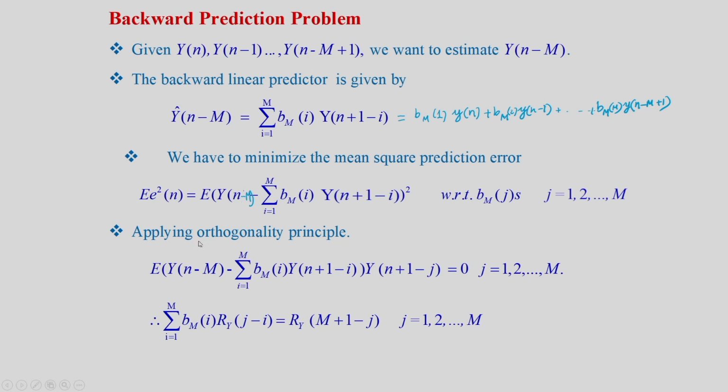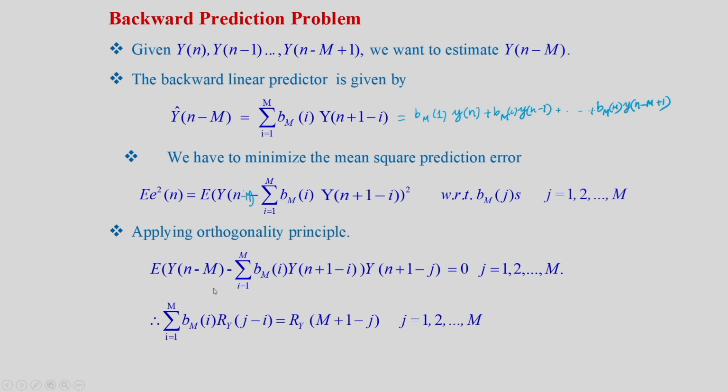Now, we can apply the orthogonality condition: E[(y[n-m] minus summation b_mi y[n+1-i]) times y[n+1-j]] must be equal to 0 for j equal to 1, 2 up to m.